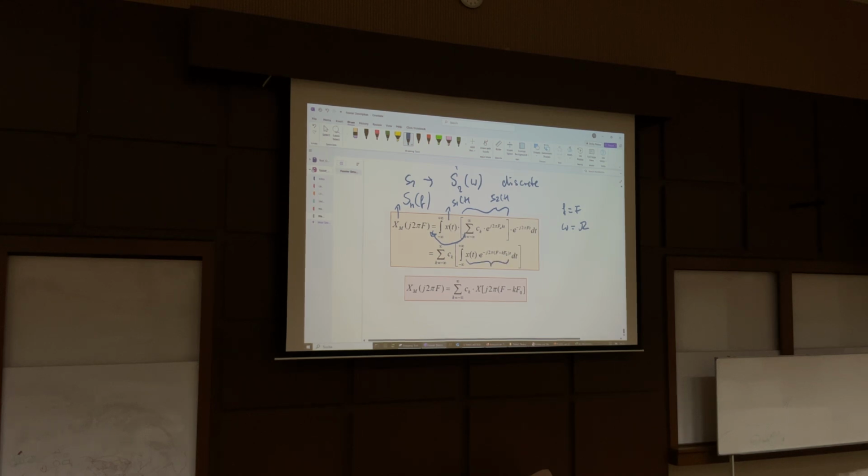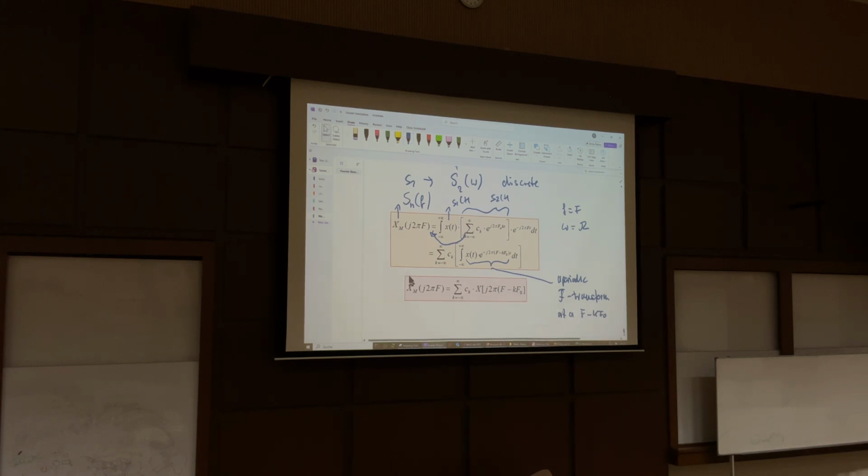And that here, you see, is now the same x, the aperiodic one, the aperiodic Fourier transform, at a frequency f minus k times f0. It's just shifted.